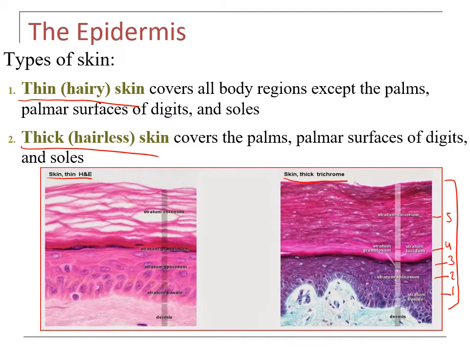If we look at the epidermis of the thin skin, it's going to be this part. We have the stratum basale, the stratum spinosum, the stratum granulosum, and the stratum corneum. As you can see, the stratum lucidum is missing in the thin skin, so it has 4 layers instead of 5.